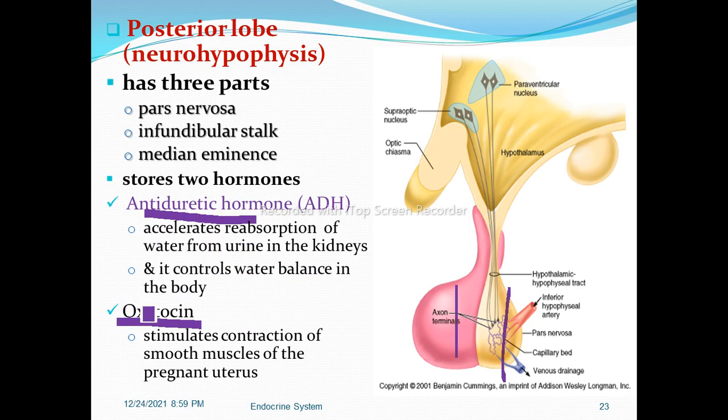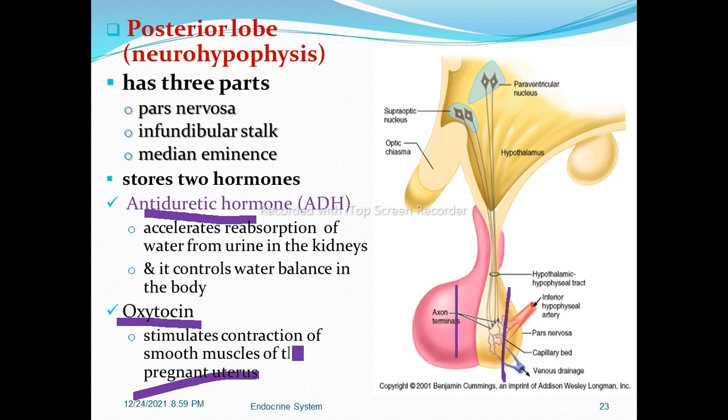The second one is oxytocin. Oxytocin stimulates contraction of smooth muscles of the pregnant uterus. It's a very important thing here. Oxytocin has two functions. The first is stimulating the contraction of smooth muscle of the pregnant uterus during delivery. The uterus has three layers, and the second layer is the myometrium.